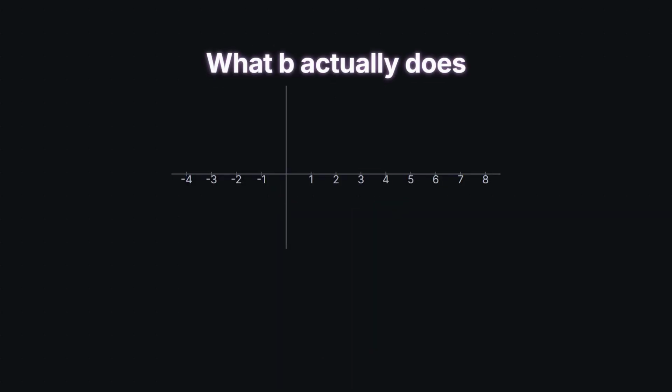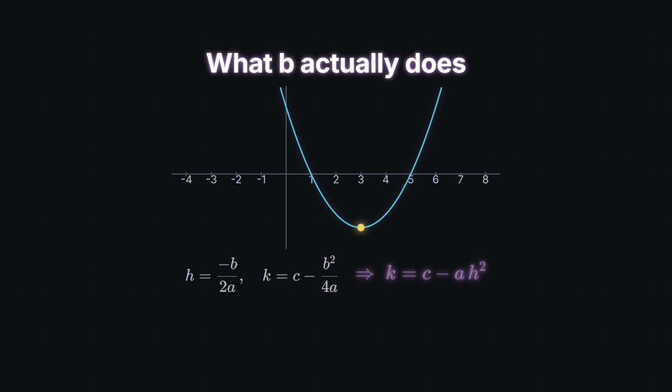B is stranger. Changing b cannot tilt the curve, because these parabolas do not tilt. It slides the vertex. But along what? The vertex sits at minus b over 2a, at a height of c minus b squared over 4a. Call that x value h, and the height becomes c minus ah squared.